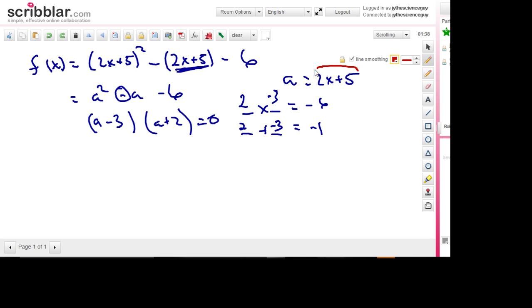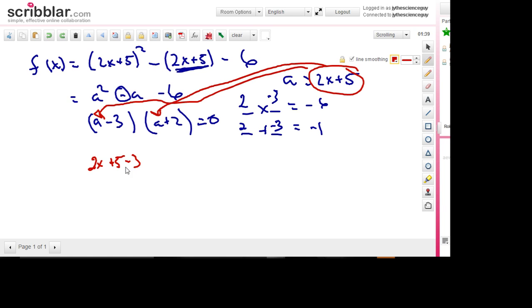I'm going to substitute it in for a there and there. So now I have 2x plus 5 minus 3. And then this is 2x plus 5 plus 2.